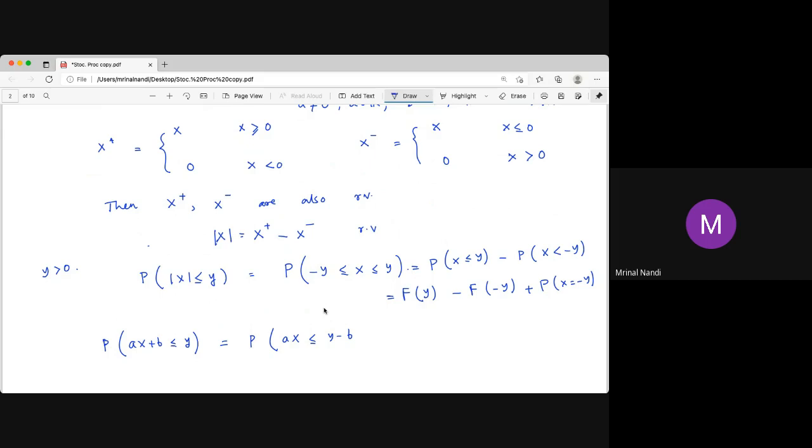If a is positive, then it is x less than or equal to y minus b over a. And if a is negative, then this is probability of x greater than or equal to y minus b over a. So we can find that probability.